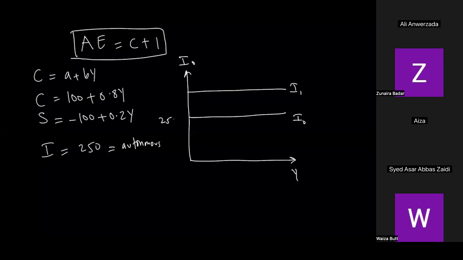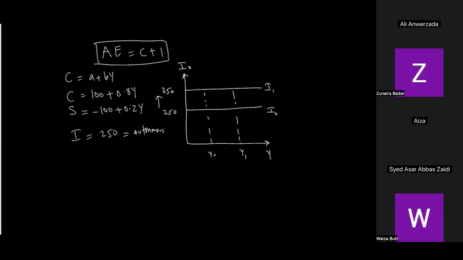So, for example, if this is 250, if I want to increase investment, it will look like this: investment going up for all levels of income. So, for example, if your GDP was Y naught or Y1, if we want to increase investment, it will go up for all levels of income. It's not going to be a function of Y, it's independent of Y. At least in the Keynesian model, this is how it looks, that investment is completely independent or autonomous, right?